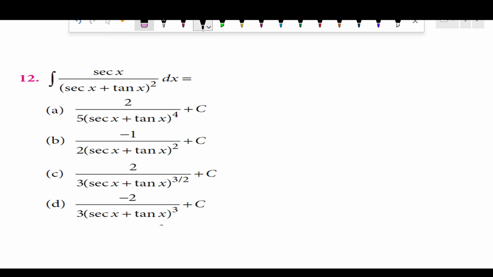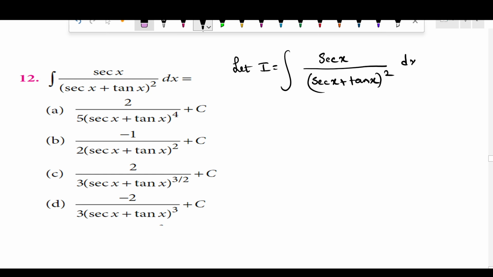First you need to attempt this question and then see my solution. So let I equal integration secant x upon secant x plus tan x whole square dx, right? This was our question.